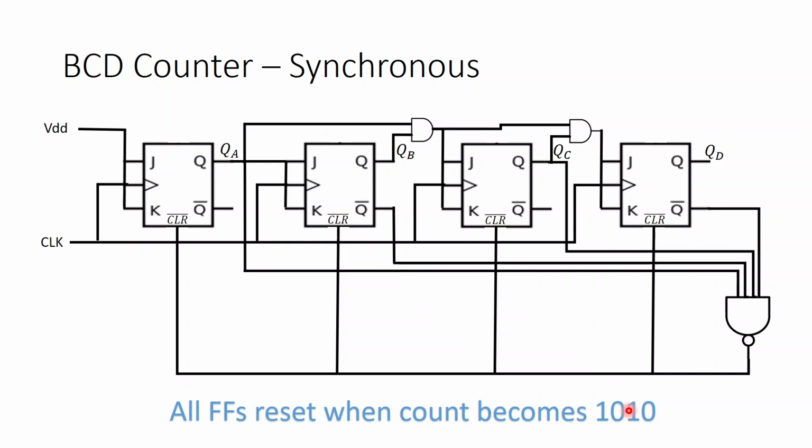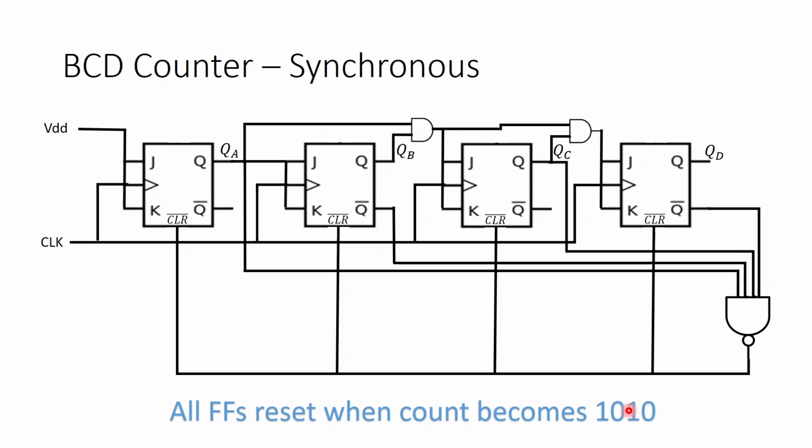At the next clock edge trigger, it becomes 1010, but instantly it becomes 0000. So basically here the clear operation, the resetting operation, is asynchronous. Though the circuit is synchronous and the counting is synchronous, the resetting operation is asynchronous. And it is easier to draw a circuit with an asynchronous resetting operation. That is why I have drawn an asynchronous resetting operation here.